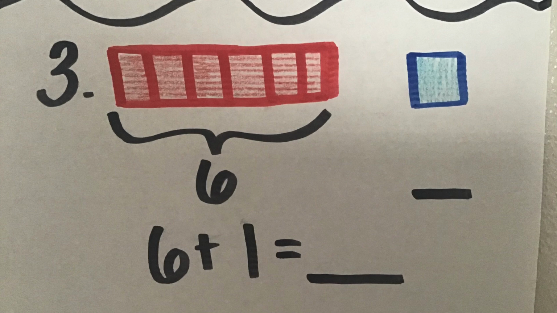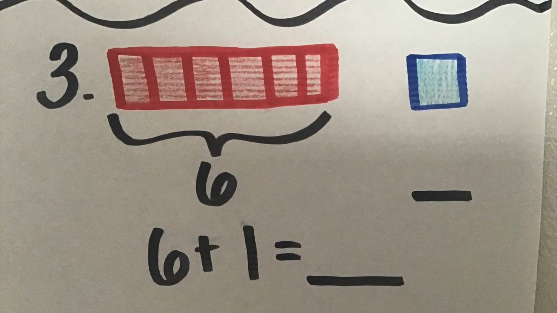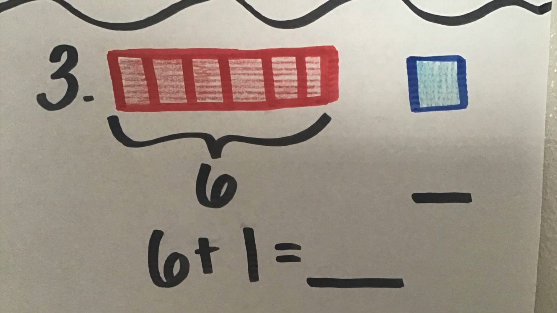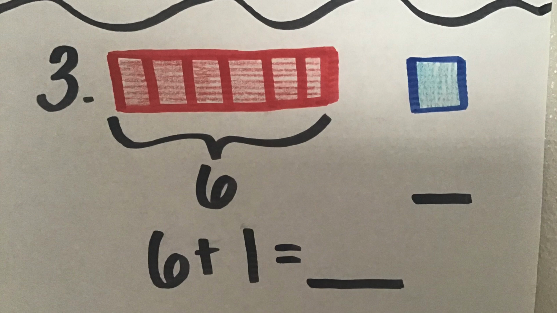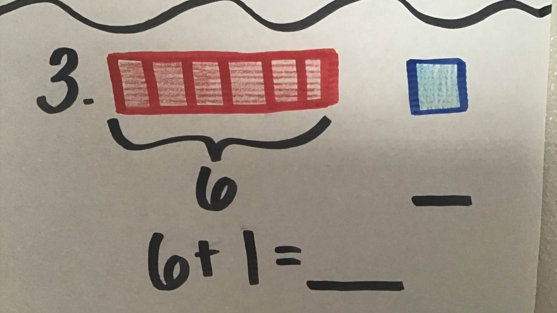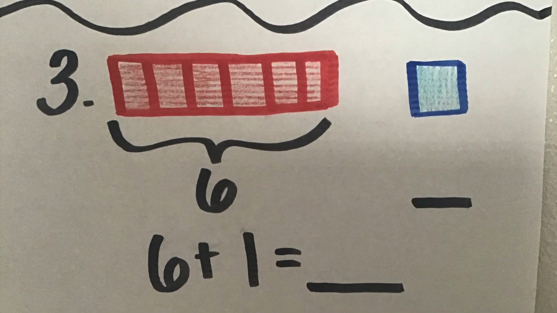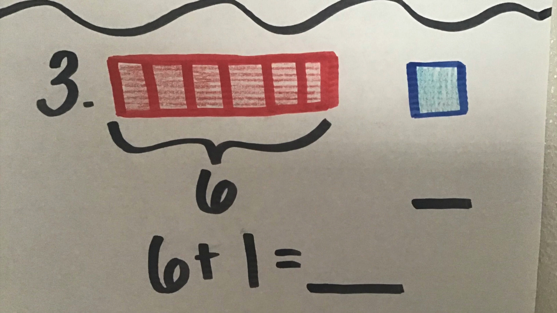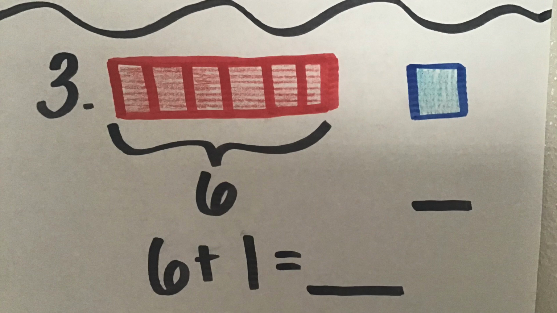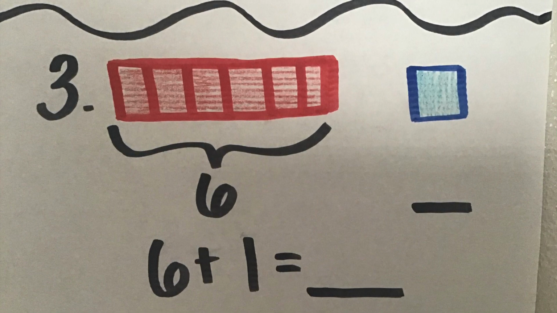The next step is to count on from the number in your head and to label the cube that is left. So 6 is in my brain. So I need to figure out which number comes after 6. 1, 2, 3, 4, 5, 6, 7. 7 goes on that last cube.